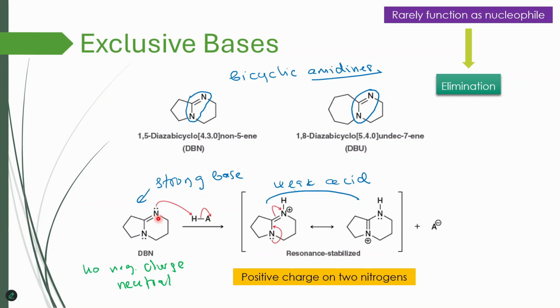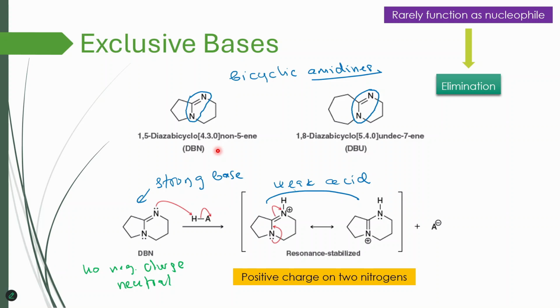So the reaction outcome using DBN and DBU would be E2, actually exclusively E2. We will talk about that in a chart in the table, but in general, whenever you see this, you have to know that they rarely function as nucleophiles, almost exclusively they act as bases, and you will expect E2 products. So basically we are done in terms of this reagent function.